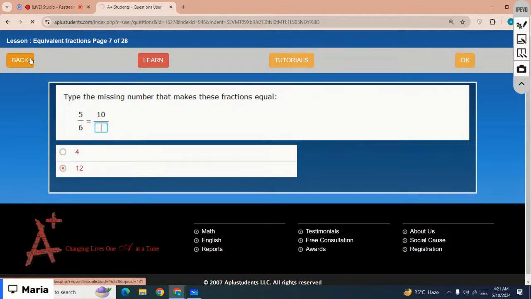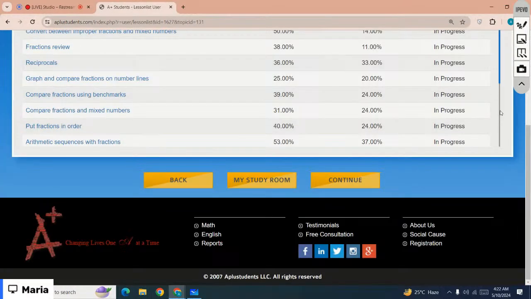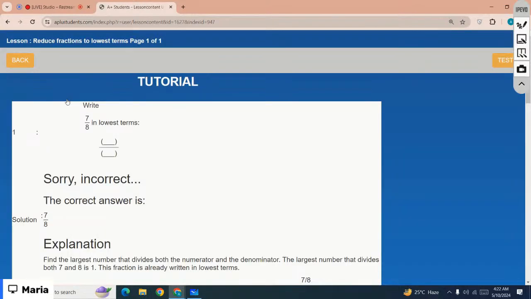The next lesson is reducing fractions to lowest terms. So how do we reduce a fraction to the lowest term?